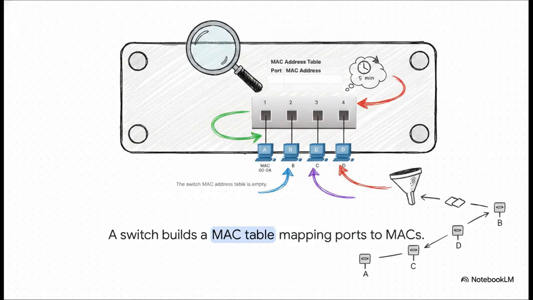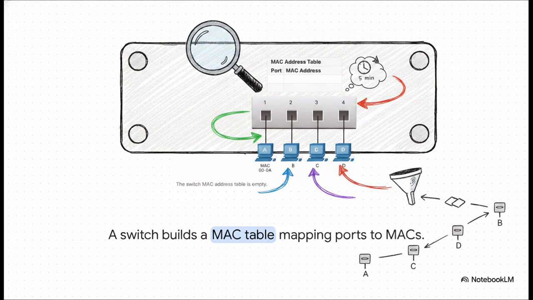Now, what's really fascinating here is how the switch dynamically uses those MAC addresses. It essentially builds what we call a MAC address table, or sometimes you'll hear it called a CAM table. It does this by closely examining the source MAC address of every single frame that enters its ports. Think of it like this. When you power on a brand new switch, that table is completely empty, blank slate. But as devices start chattering, the switch is listening and learning.